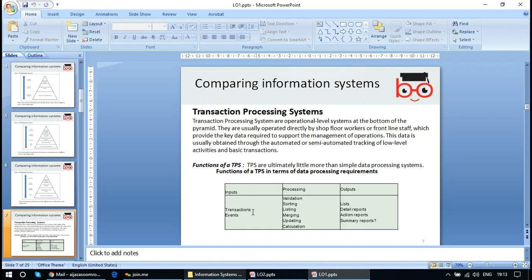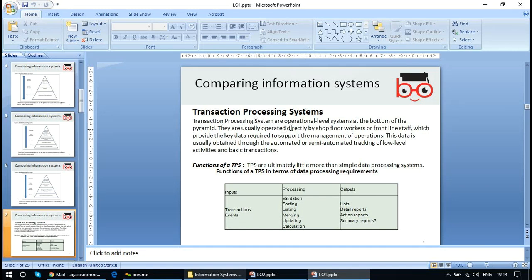They deal with the transactions and events, and how they are processed: validation, sorting, listing, merging, updating, calculation. The outputs are lists, detailed reports, action reports, summary reports. So at the data entry level. So we discussed already, and I have added some theoretical stuff as well.